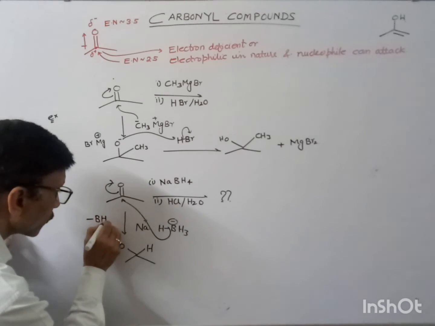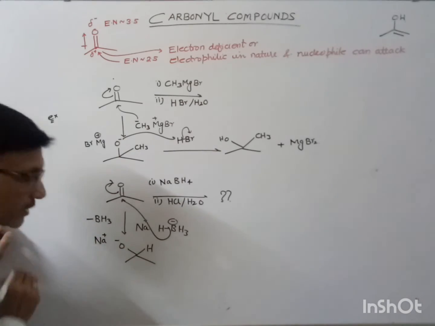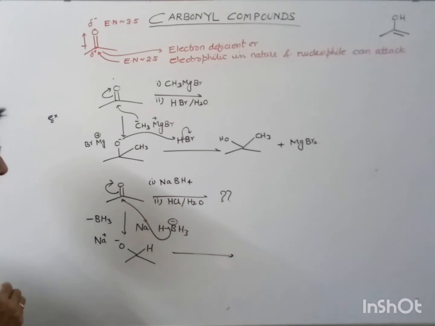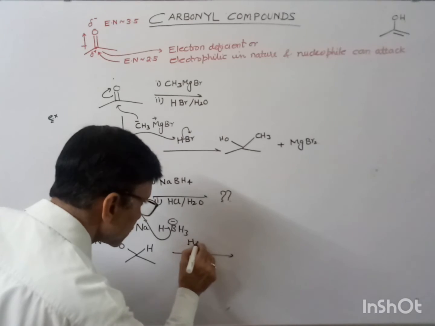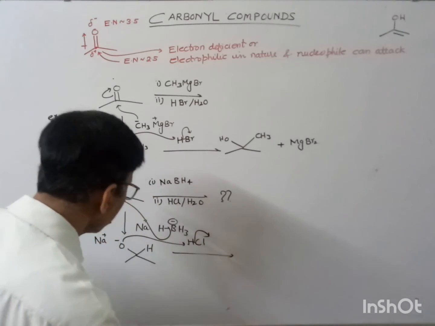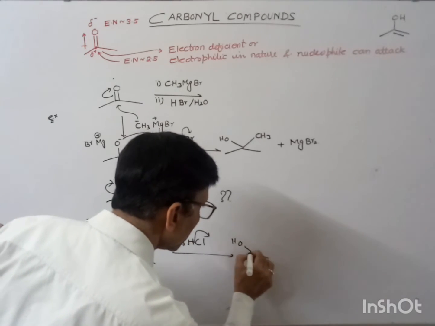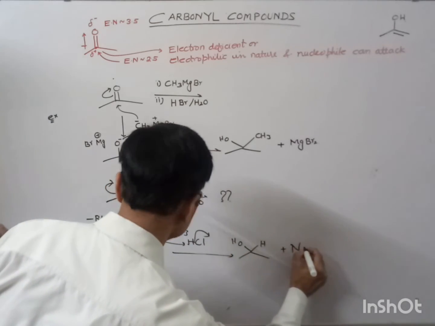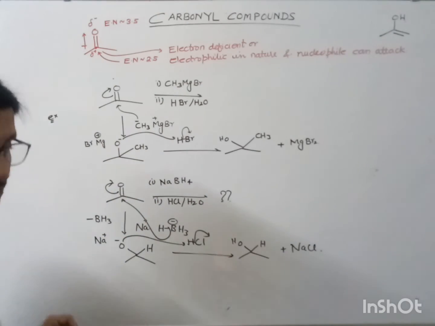BH3 is removed from here. One of the counter ions is Na plus, which is present like this. In the next step the workup will take place, and in presence of this aqueous acid, this will take H plus, chloride ion will get removed, and finally you will get this alcohol as a product, plus this NaCl which is formed finally in this reaction.